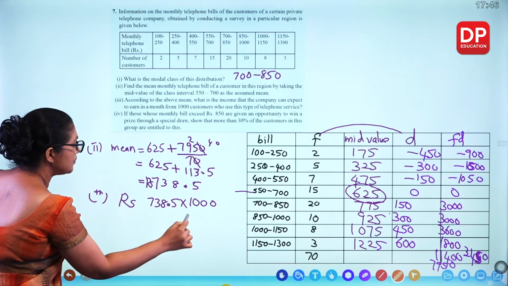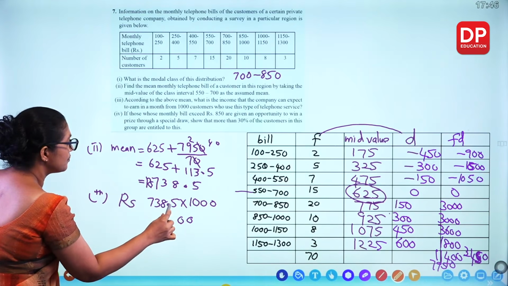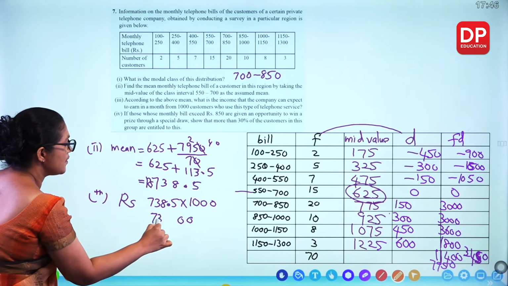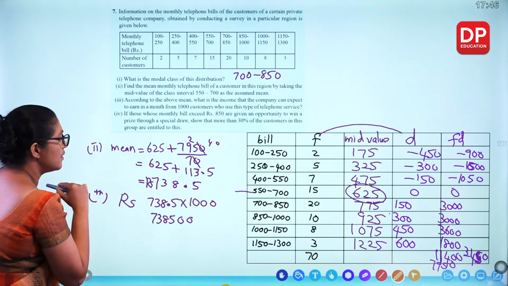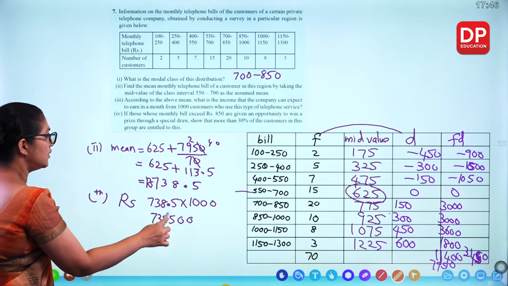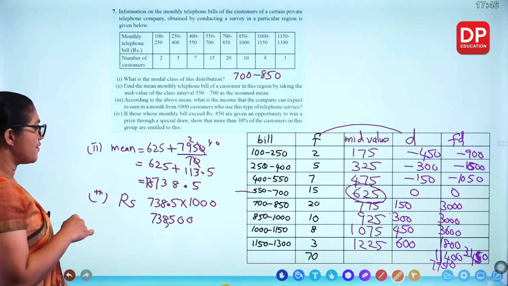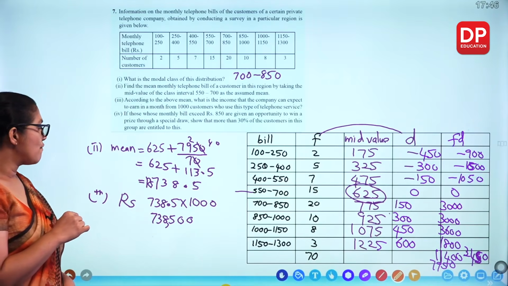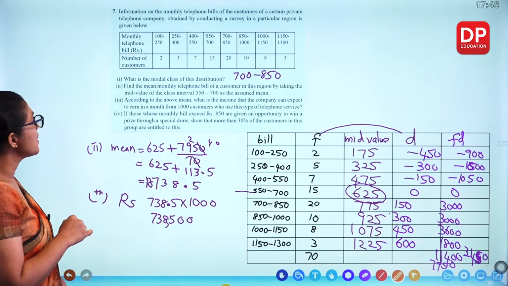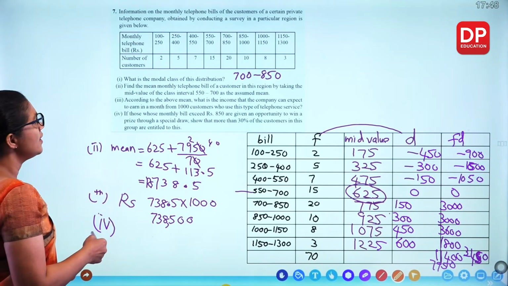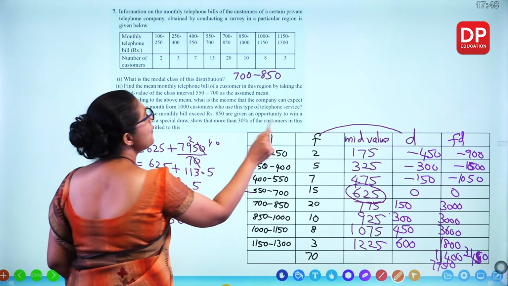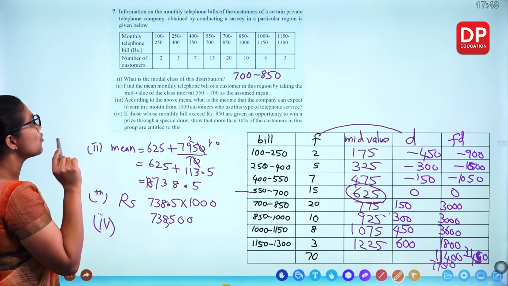So you get 7385. So what's the value? 738,500 rupees.